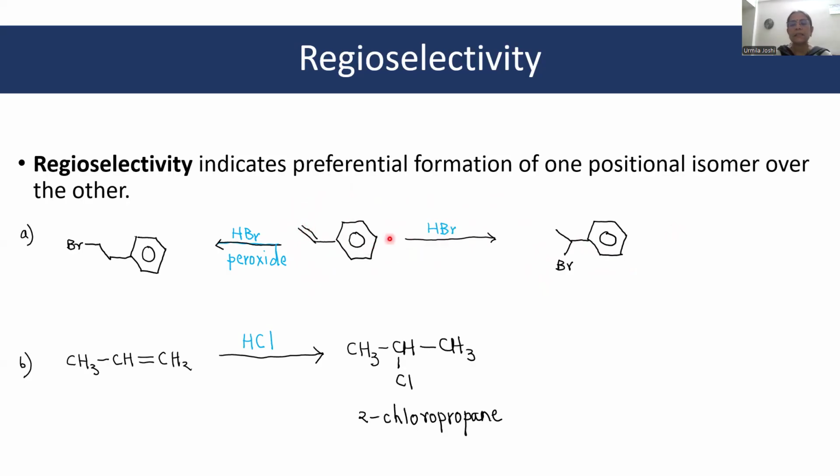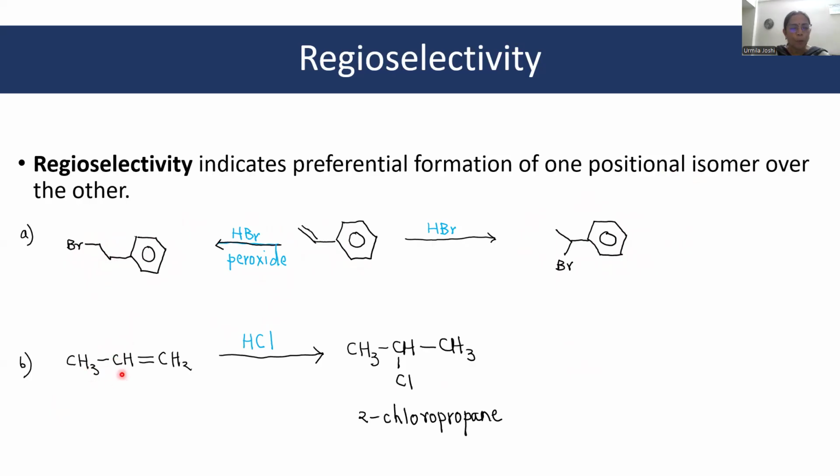In other words, this undergoes Markovnikov addition and 1-phenyl 1-bromoethane is formed. On the other hand, when it is treated with HBr in presence of peroxide, I think you know that anti-Markovnikov addition takes place and the compound that is formed is 1-phenyl 2-bromoethane. Okay, so one positional isomer is selected over the other.